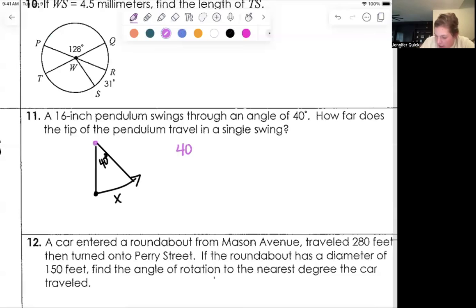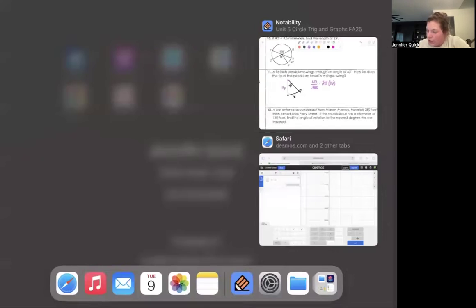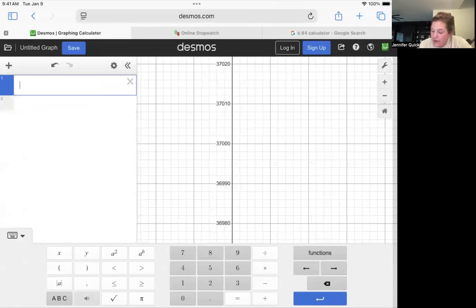So the portion of the circle, 2 pi r. Well, some of you are like, oh God, what's r? 16. It told us that. A 16-inch pendulum. There we go.